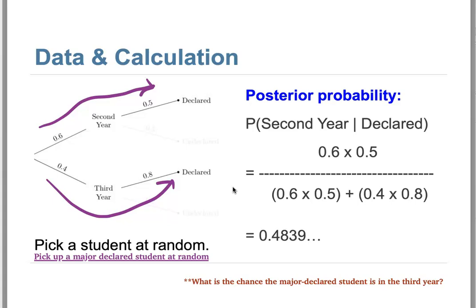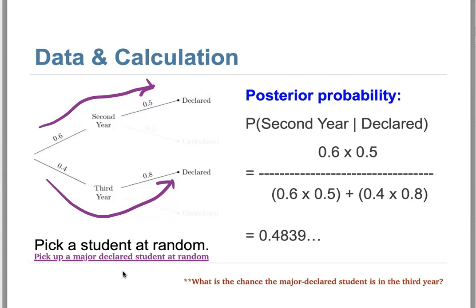In this slide before, we already said we pick a student at random, and we know that student declared the major. So when I say pick a student at random, I should have given you more information, because continuing from the previous slide, we said this student we pick at random and we find out the student's major is declared.